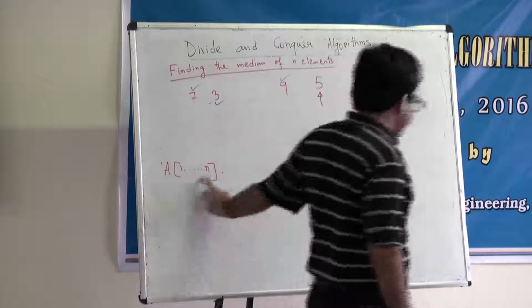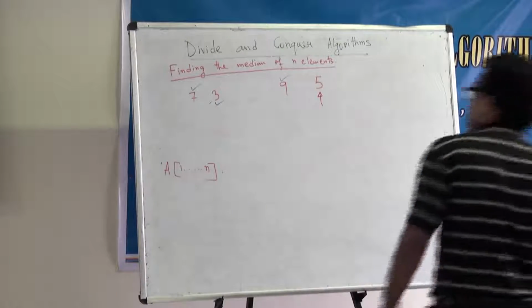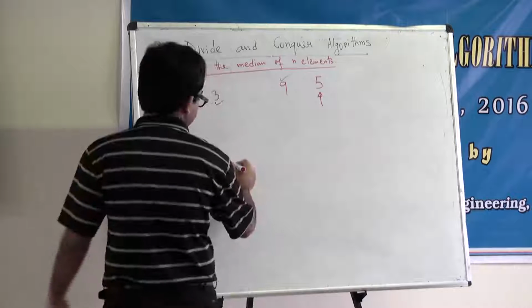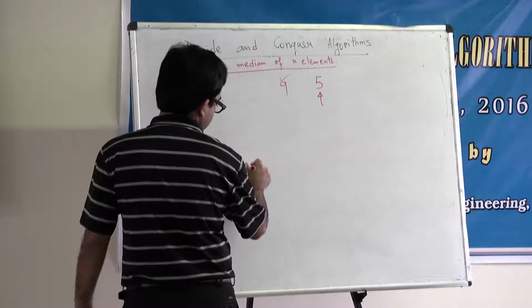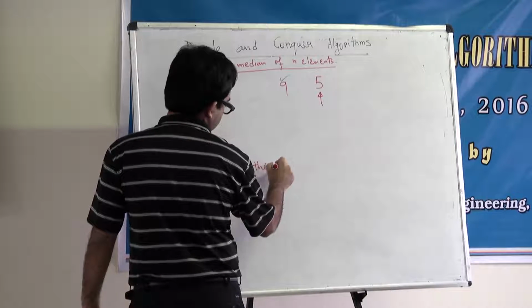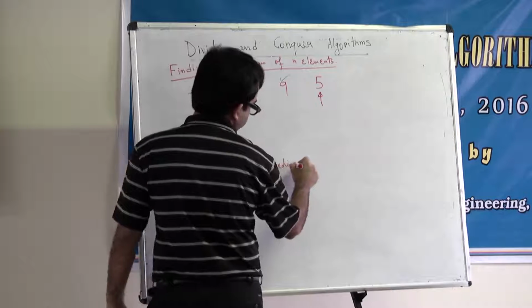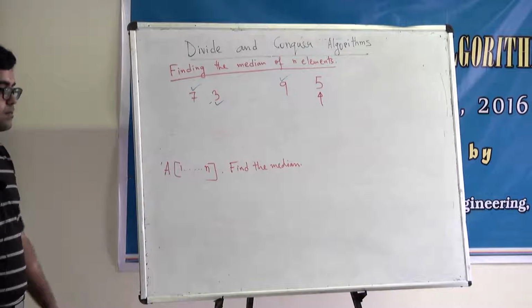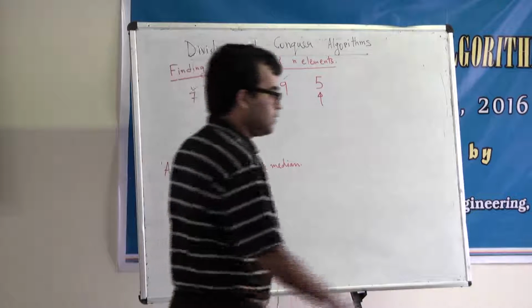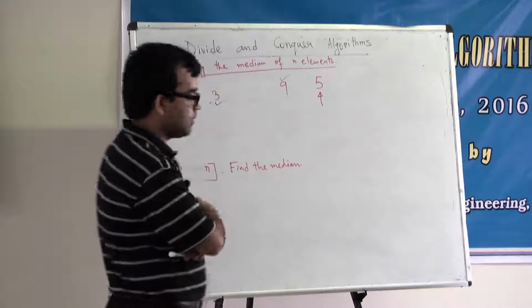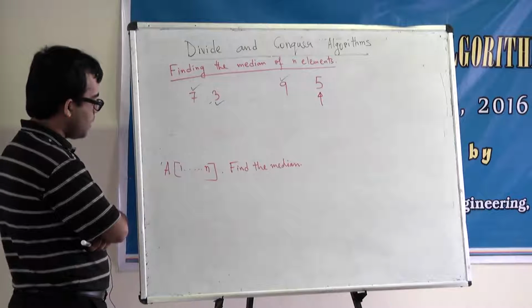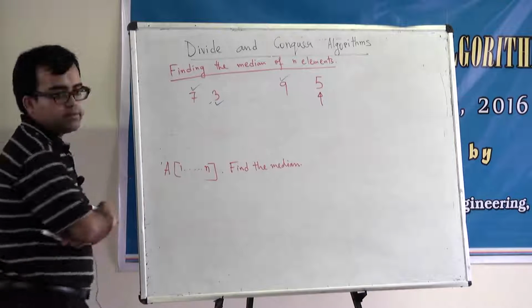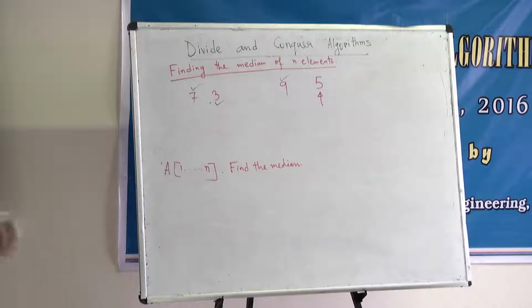The goal is, you are given an array and you find the median of that. What is the simplest algorithm that comes to your mind?